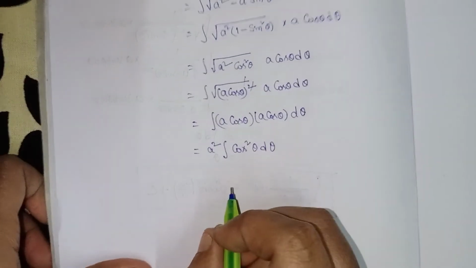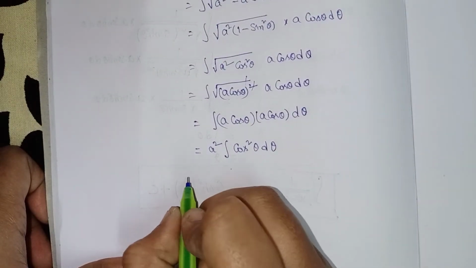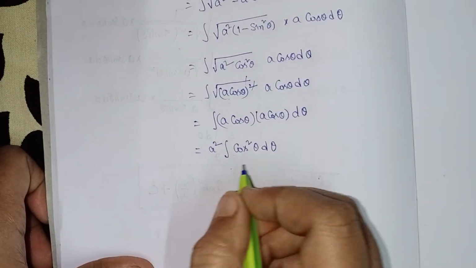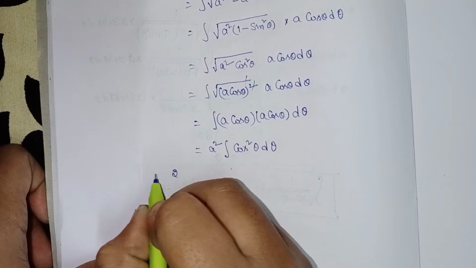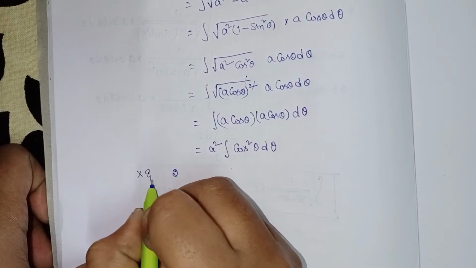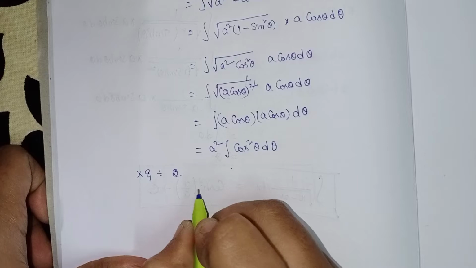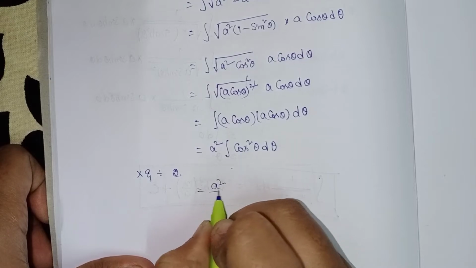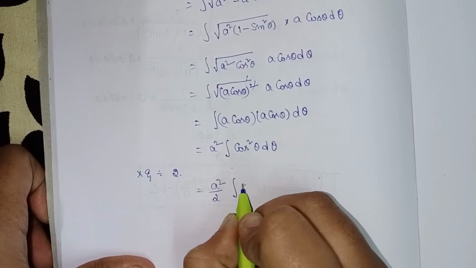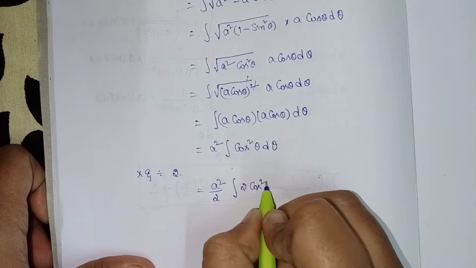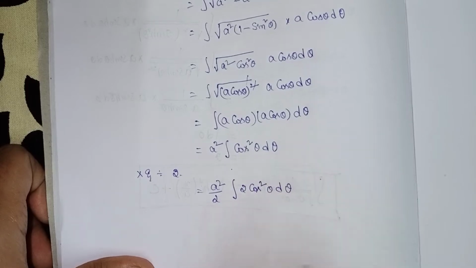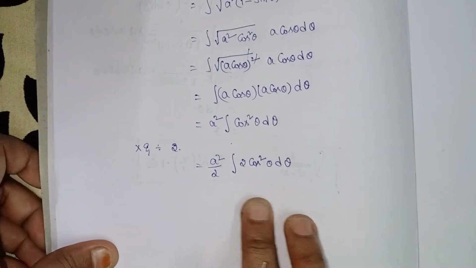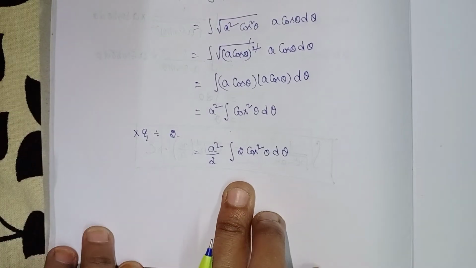Now see beta, here I will multiply and divide with 2. That means a square by 2 into the integral of 2 cos square theta d theta.